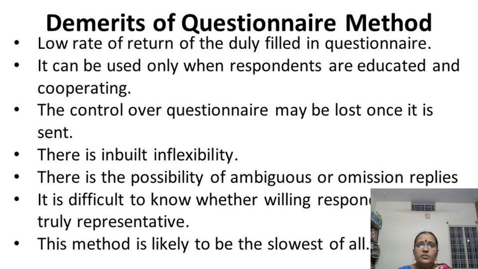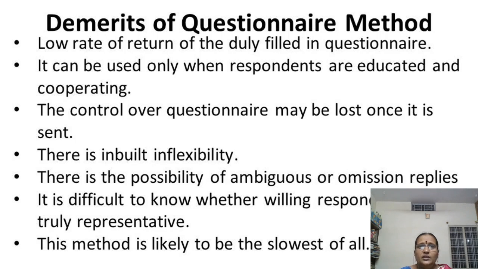Next, we know the demerits of questionnaire method. First and foremost demerit is the low rate of return of the duly filled in questionnaire. Next, it can be used only when respondents are educated and cooperating. Third one is the control over the questionnaire may be lost once it is sent.